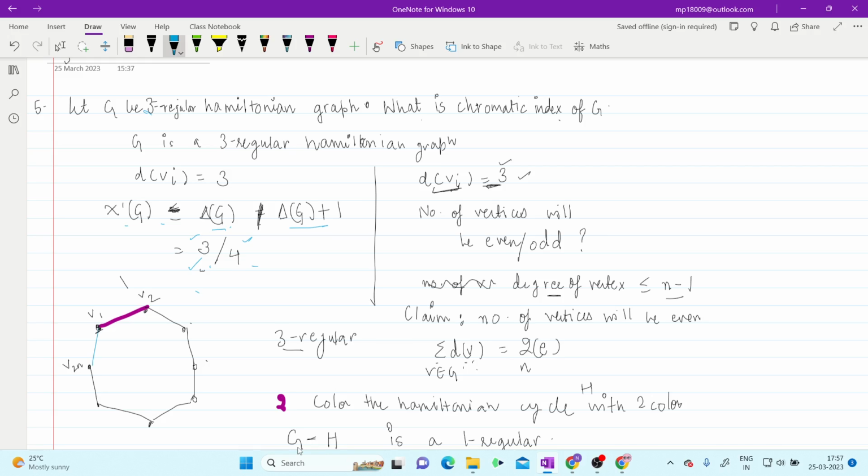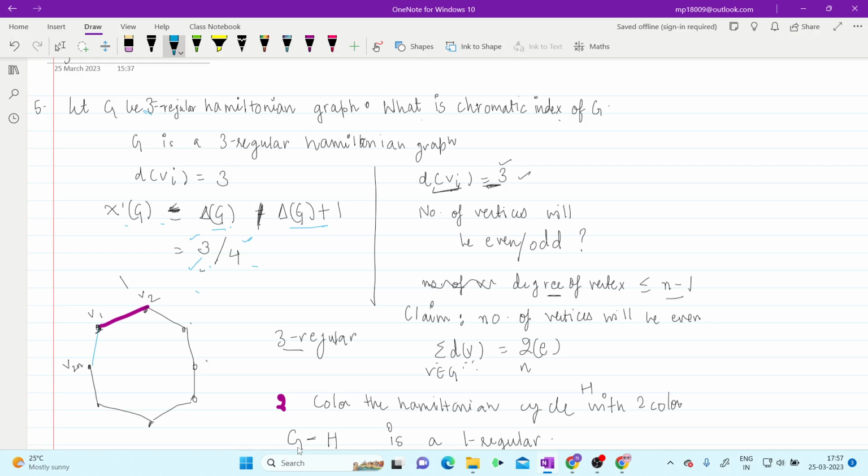And from this procedure we were able to color this 3 regular Hamiltonian graph with 3 colors. So we know we need at least 3 colors, and we are able to color it with 3 colors. So 3 is the least number. Hence the chromatic index will be 3.